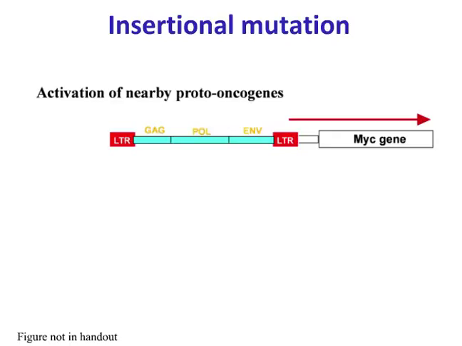For example, insertion of a retroviral sequence near the MYC proto-oncogene can result in overexpression of the MYC transcription factor, whose overactivity promotes transformation.